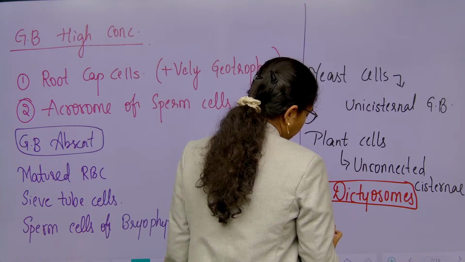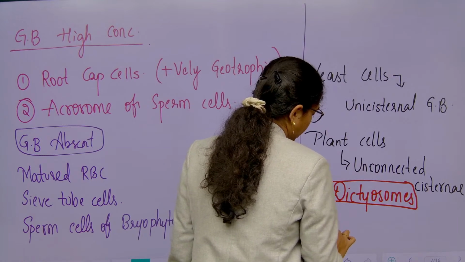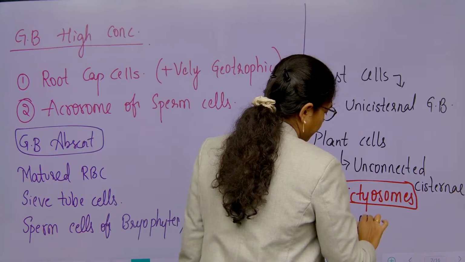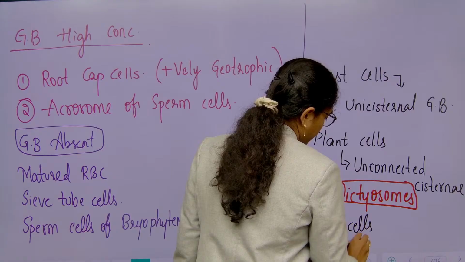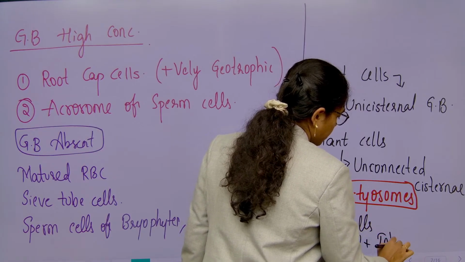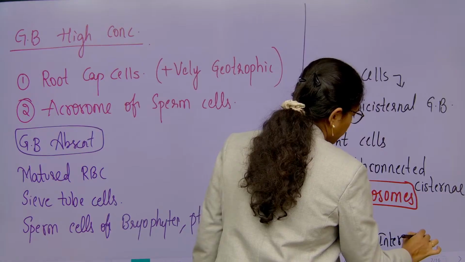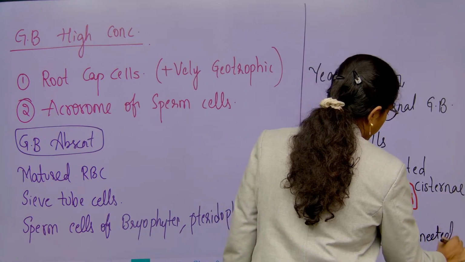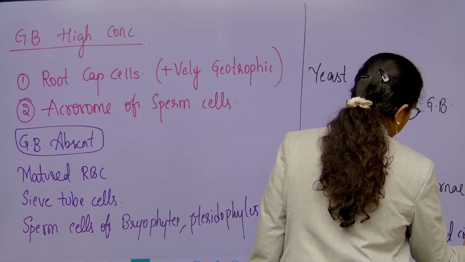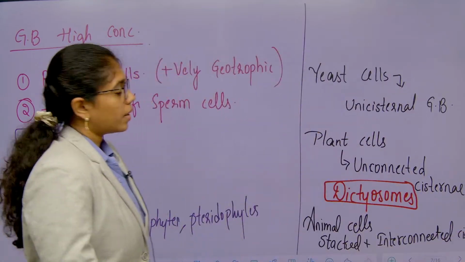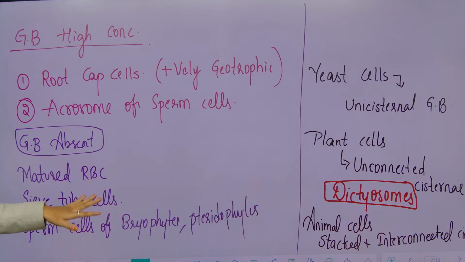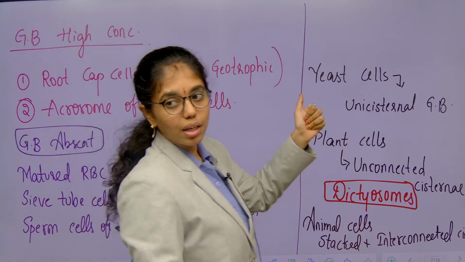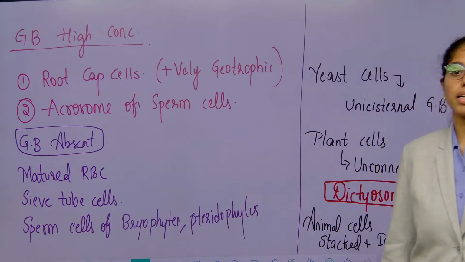Next, animal cells, you can see stalked and interconnected cisternae. Clear? Where they are present in high concentration, in low concentration or completely absent, and then unicisternal, unconnected cisternae, and interconnected cisternae in stalks.